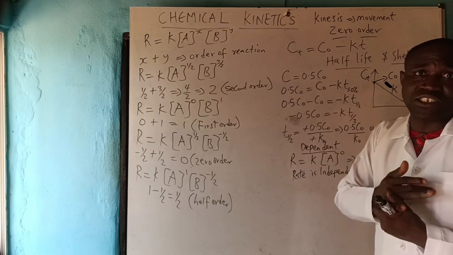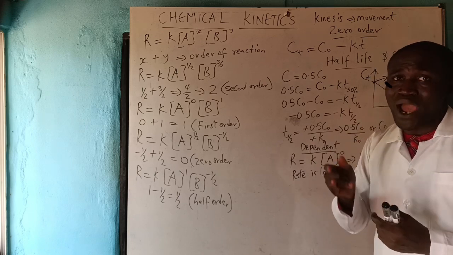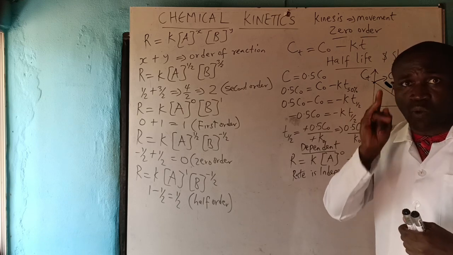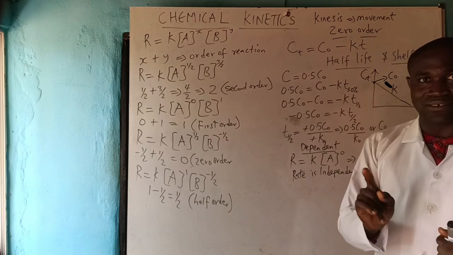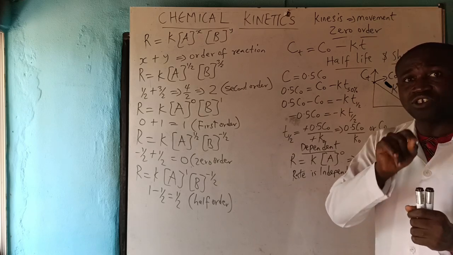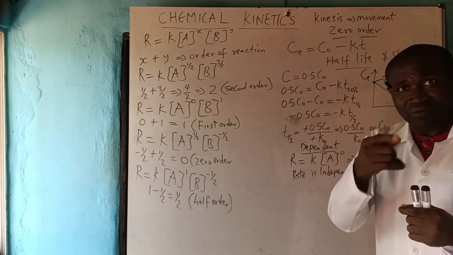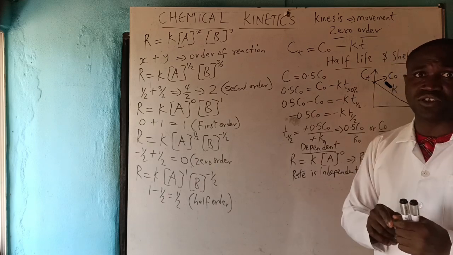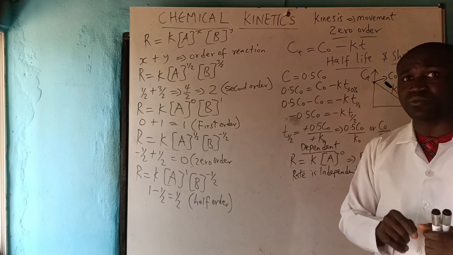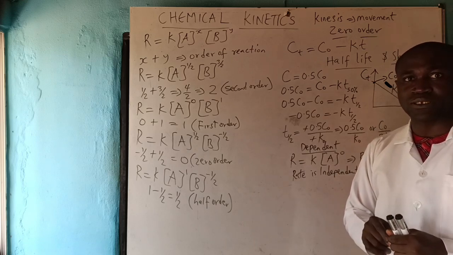Let's say it has reached the expiry date and the color changed from white to blue, red, yellow, black, any color that is no longer white, please never take it. It means that it has reacted. The activation energy of that drug has been reached and a reaction has taken place, so it is reacting already. Maybe it produces a poisonous substance or product, and if a poisonous product is produced, the implication is that it will be very harmful when you consume it.